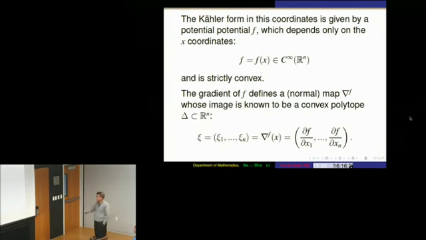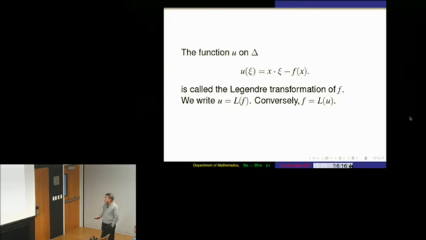The gradient of f defines a map, called the Legendre map, which we denote by delta f, whose image is known to be a convex polytope, and xi_i is partial f over partial x_i. The function defined in this way is called the Legendre transformation of f. We write u equal to Lf.